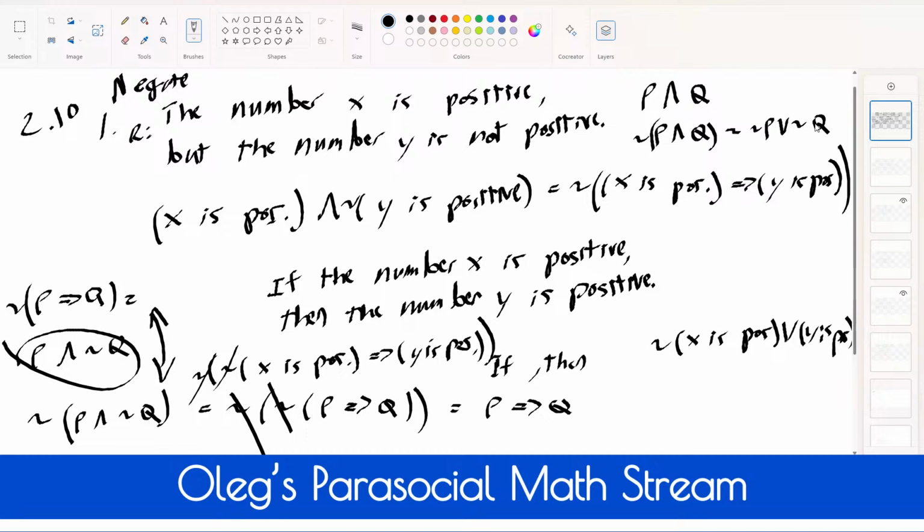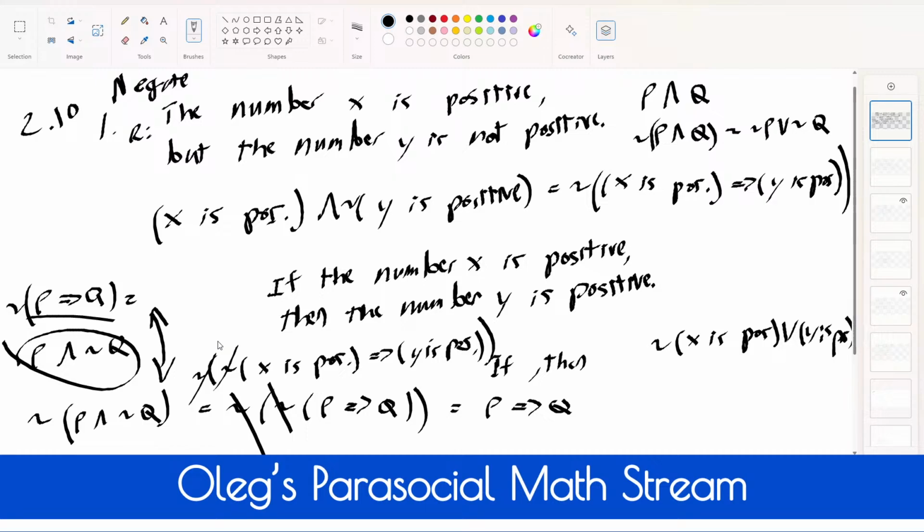So in that case, where I went wrong was I went with the implies. What I said could have worked if it was a statement where it was P implies Q. If the original statement read, if the number X is positive, then the number Y is not positive, and we negate that, we're going to say, if the number X is positive, then the number Y is positive.